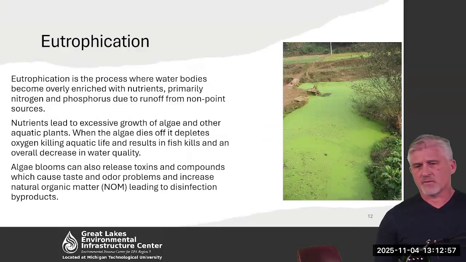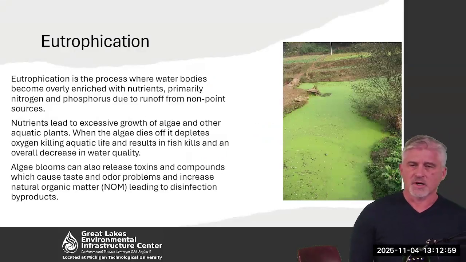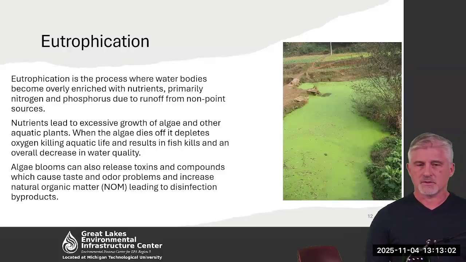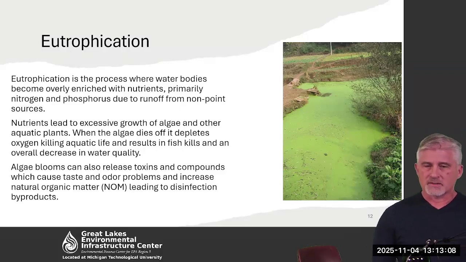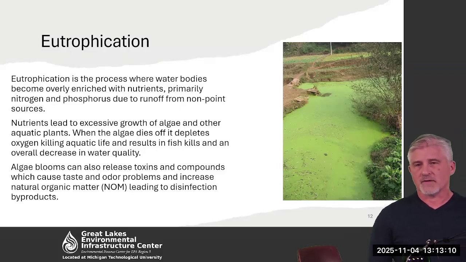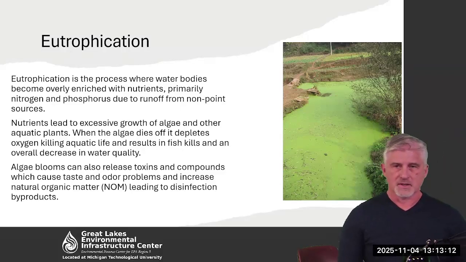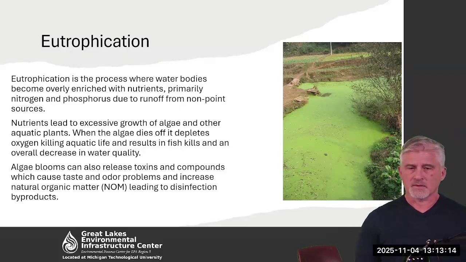The other concern that we have with lakes and reservoirs is the potential for eutrophication. That's where you get nutrients that run off into the lake or reservoir, and those nutrients cause the algae and plants to prosper, because they love that.